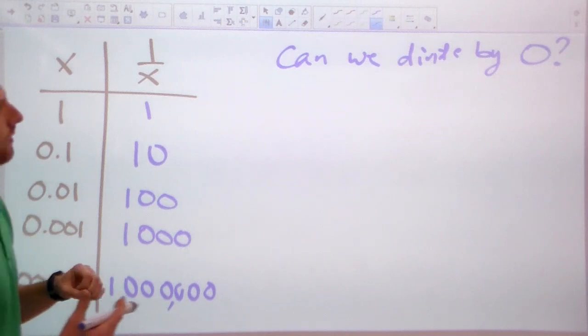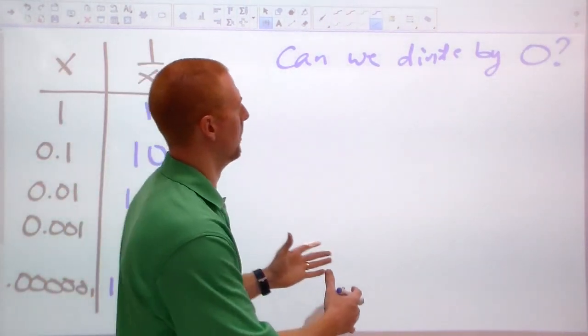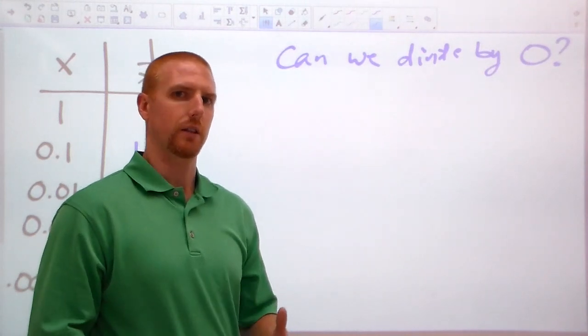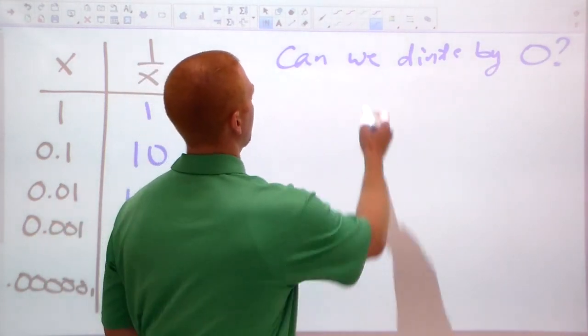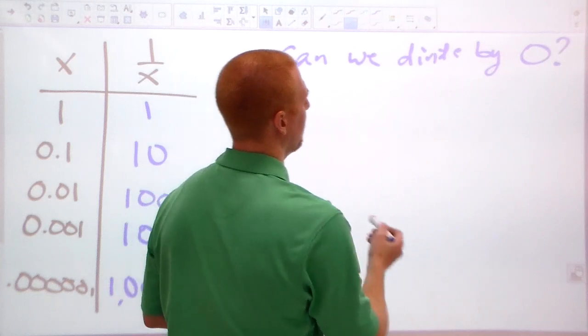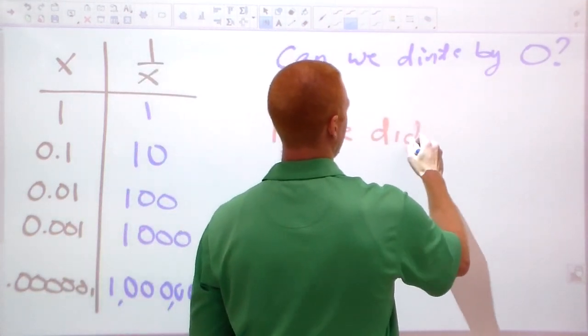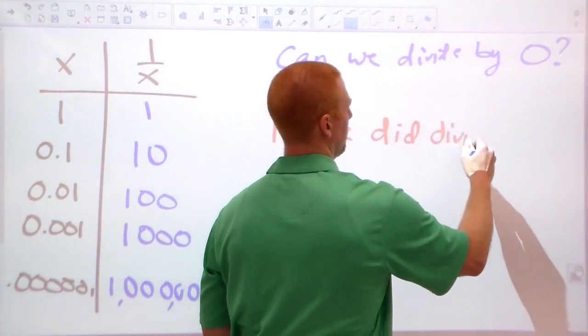So now, let's get away from can we divide by 0, because the answer is, yeah, actually, you sort of can. Technically, no, but sort of. The real thing here is, what would we get if we could divide by 0?